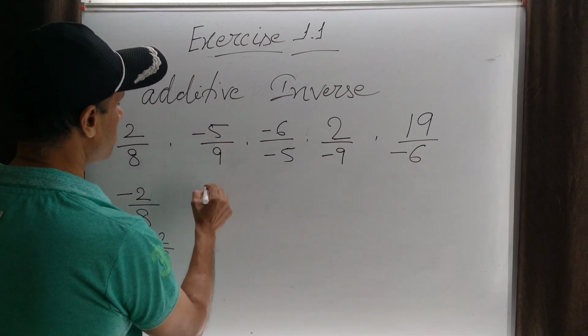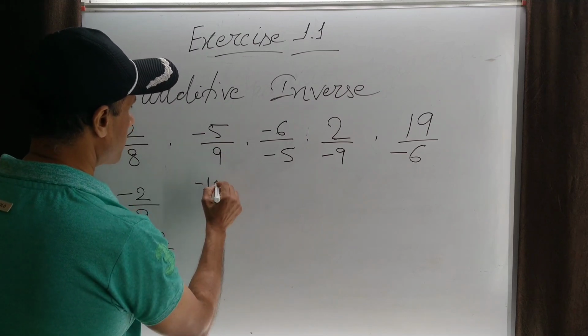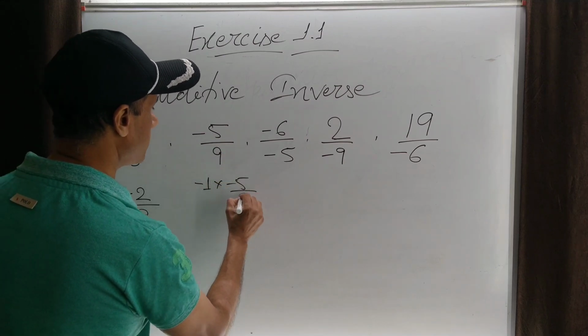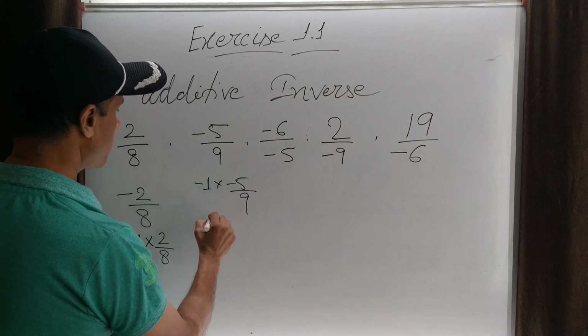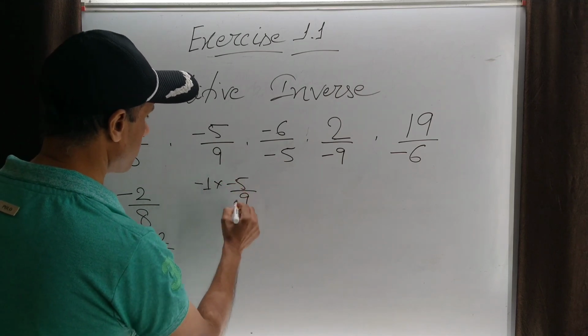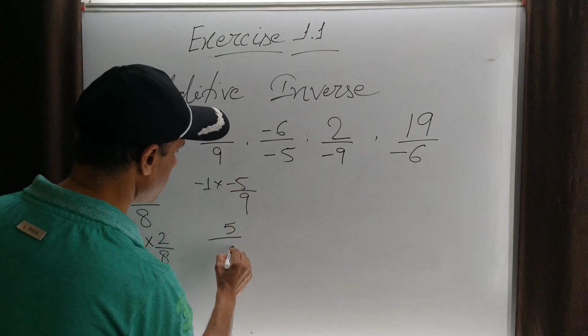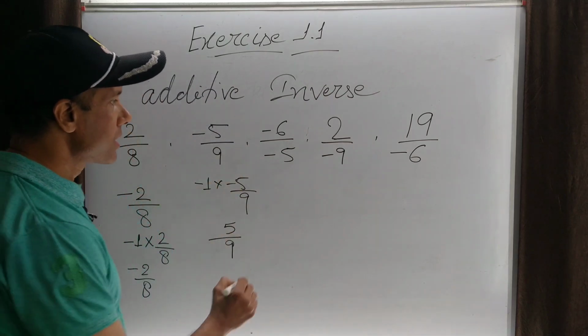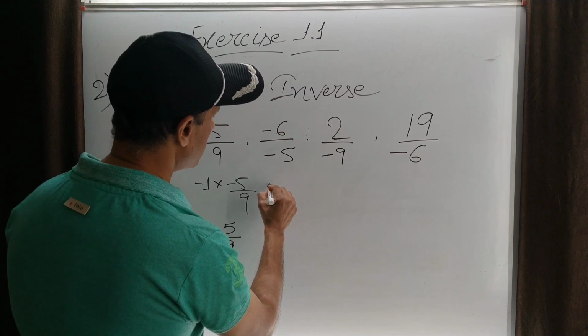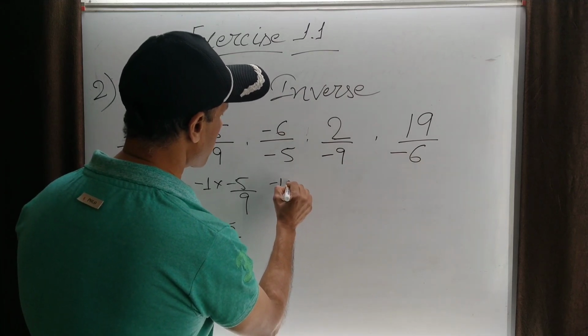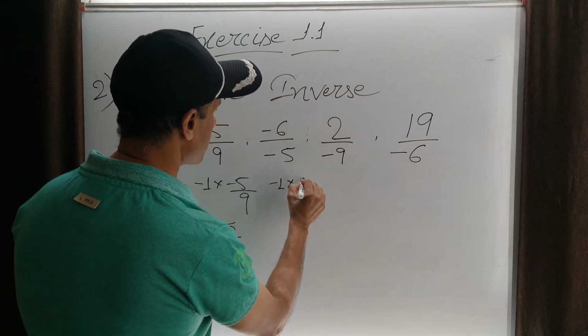Here you multiply minus 1 with minus 5 by 9. So what do you get? Minus into minus becomes plus. So the additive inverse of minus 5 by 9 is 5 by 9. Here, what does this mean? This is nothing but minus 1 into 6.